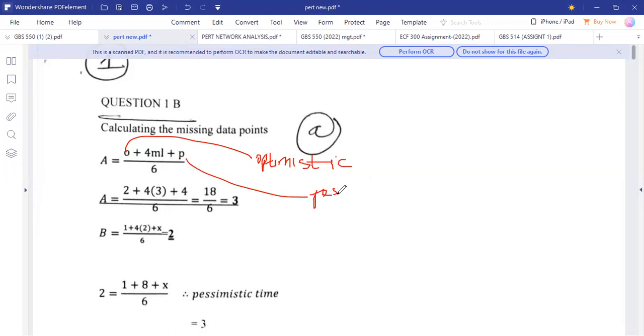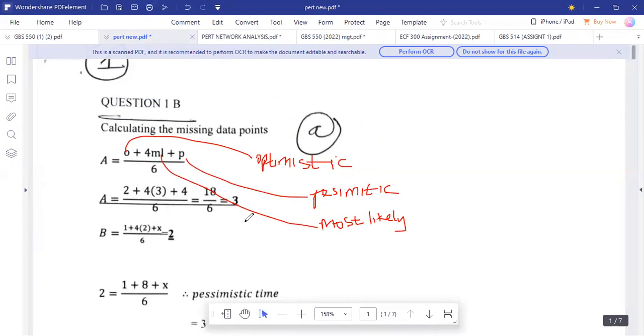And then the other one is the most likely time. So we have the most likely. So we just need to substitute and get whatever we need.